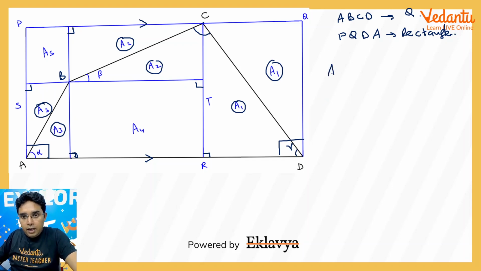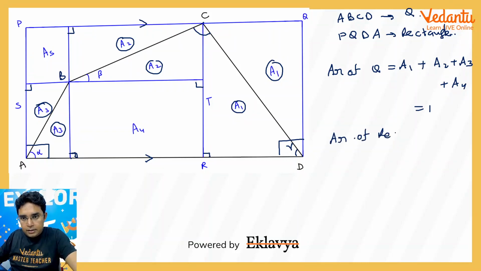Area of the quadrilateral is actually A1 plus A2 plus A3 plus A4, and this is equal to 1. Whereas area of rectangle in this case is actually 2 times A1 plus A2 plus A3 plus A4.